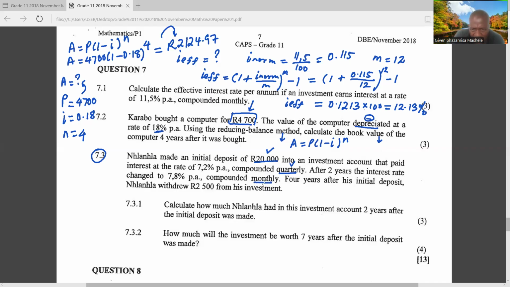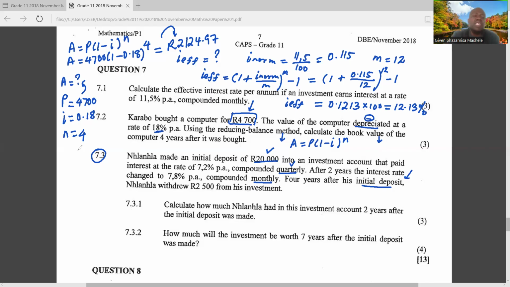Then 4 years after his initial deposit of 20,000, Nhlanhla withdrew 2,000 from his investment. The first question says, calculate how much Nhlanhla had in his investment account 2 years after the initial deposit was made.